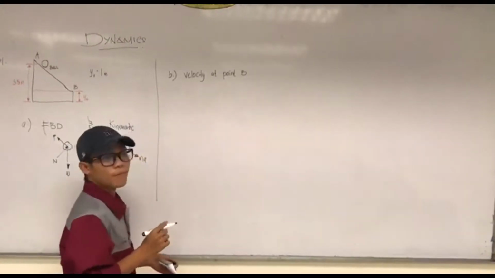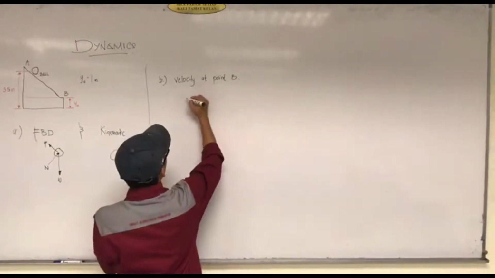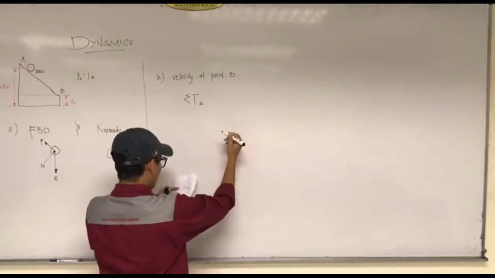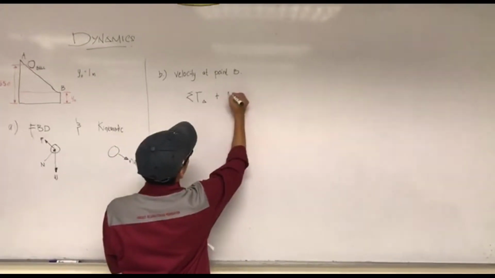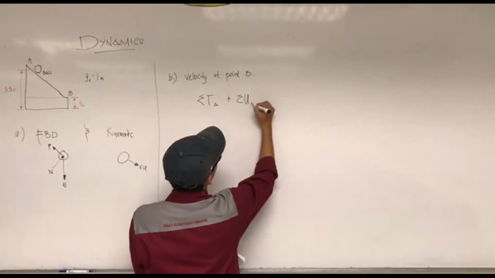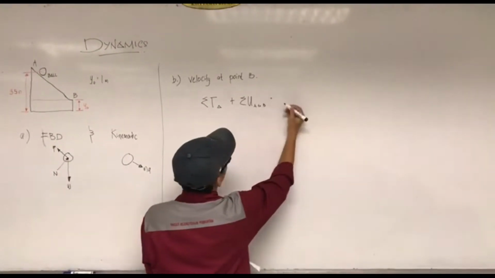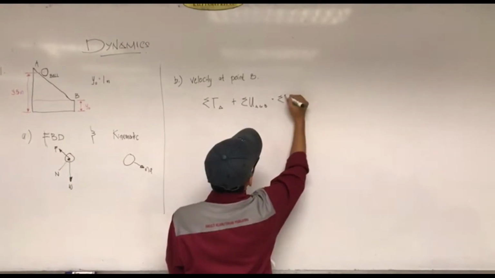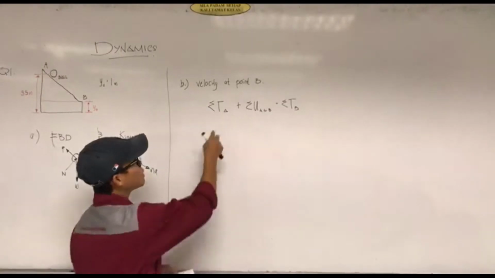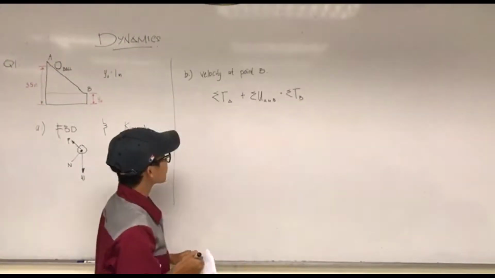The equation given is summation T A plus summation U A to B equal to summation T B. So the formula given is the principle of work and energy.